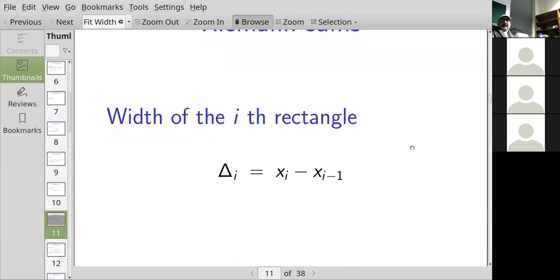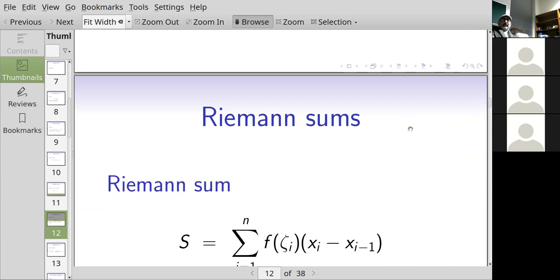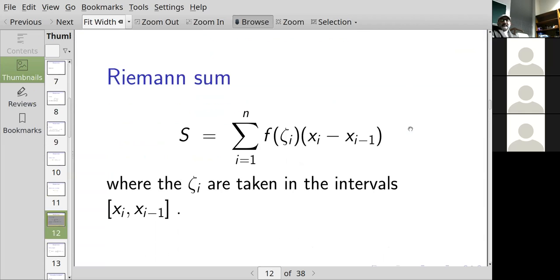All right. So the width of the ith rectangle is xi minus xi minus 1. You can write that as delta i. And what we do is we take these points, zeta i, which lie in the interval from xi minus 1 to xi, the subinterval that runs between those two.